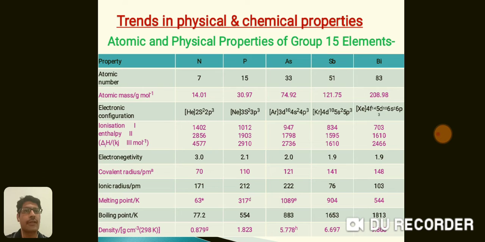From this table we can conclude that the ionization enthalpy goes on decreasing gradually from nitrogen to bismuth, that is from top to bottom, as well as the electronegativity. Electronegativity also has a gradual decrease, and this happens due to gradual increase in atomic size from top to bottom, that is from nitrogen to bismuth.